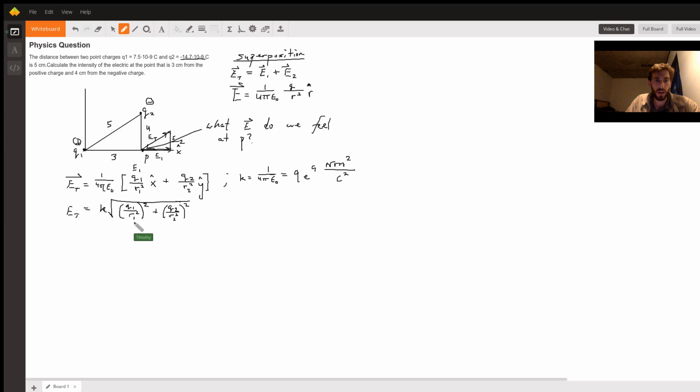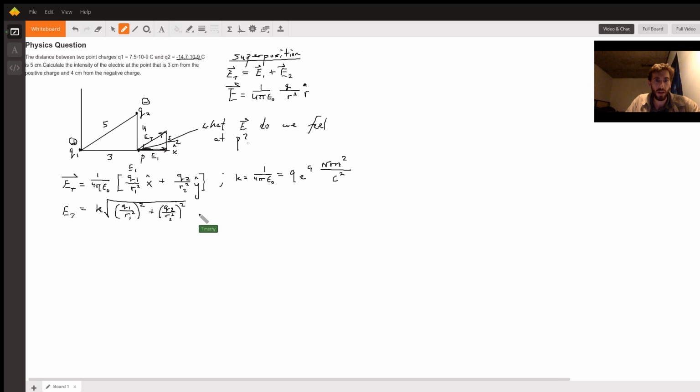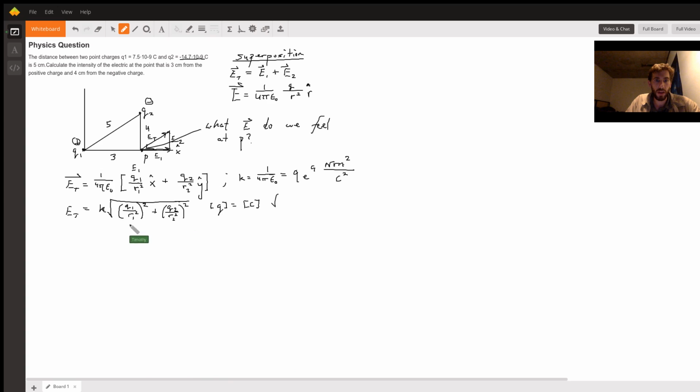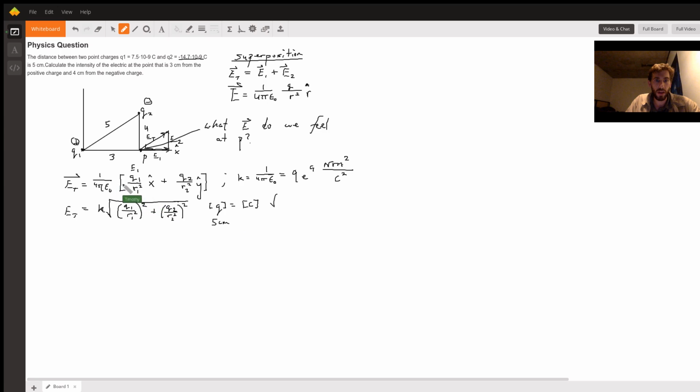Now when plugging these values in, be careful. You can keep the charges in coulombs. This is another way of just writing the units. We can keep the charges in coulombs, and that's completely fine. But we need to convert centimeters to meters, and how do you do that? Actually, R1 is going to be 3, so let's erase this.